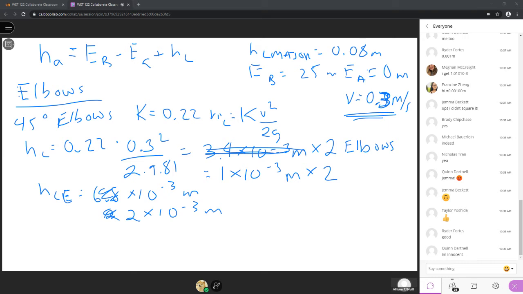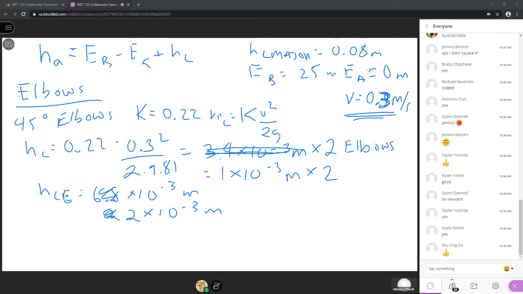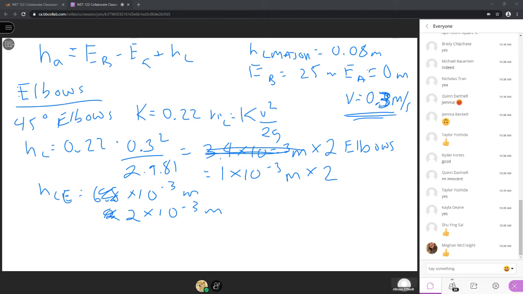I might have to flip back screens to get there from here. Does everybody have this one written down? Okay, good. I'm going back into the document just because I need to look at it again.